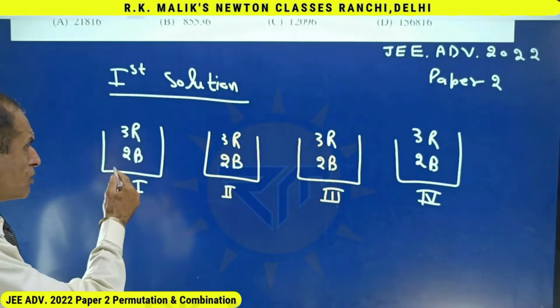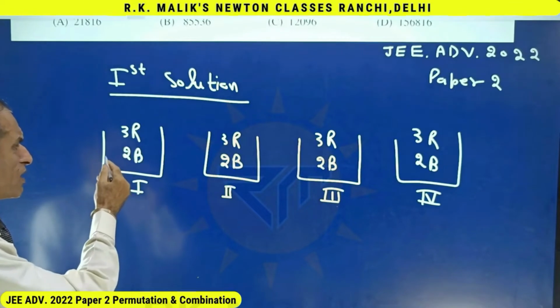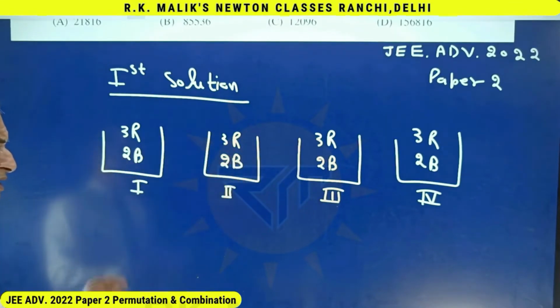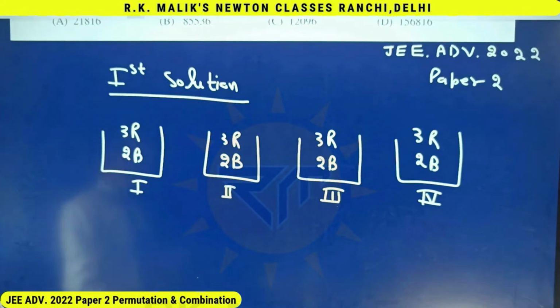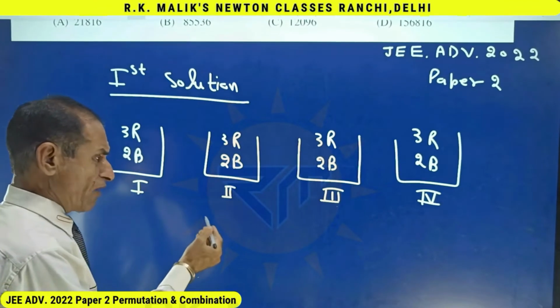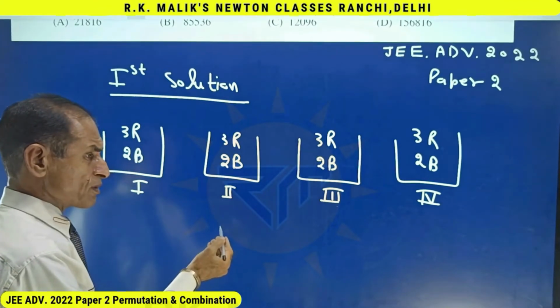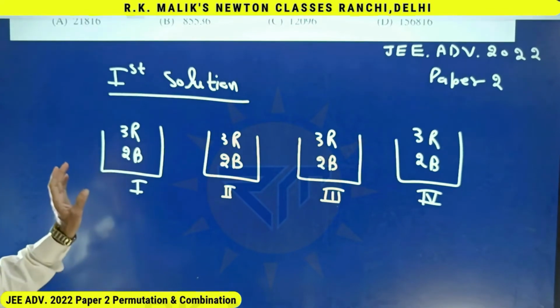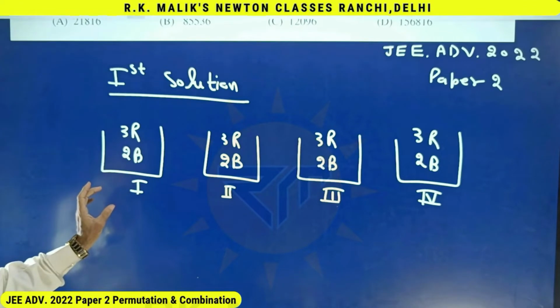Now after choosing at least one red and at least one blue ball from all the bags, 8 balls would have been chosen, and after 8 balls, the remaining 2 balls which are to be chosen can come from a single bag also.